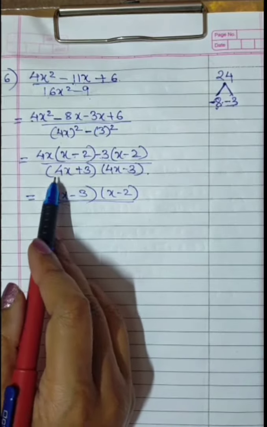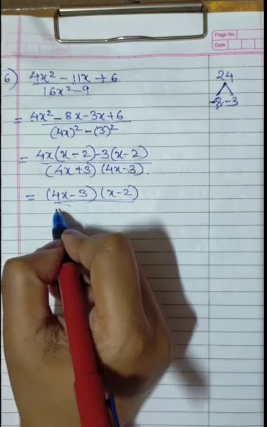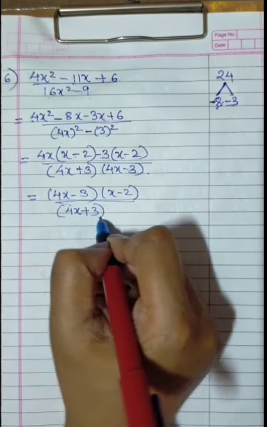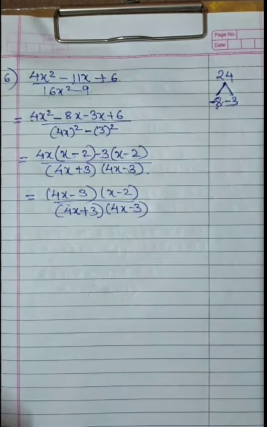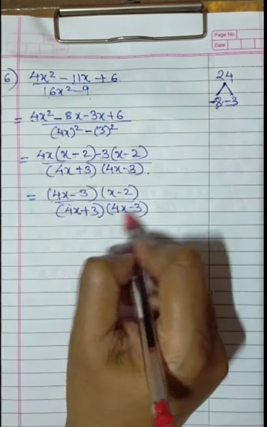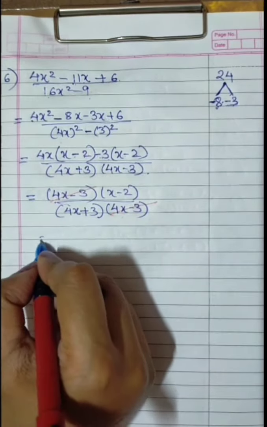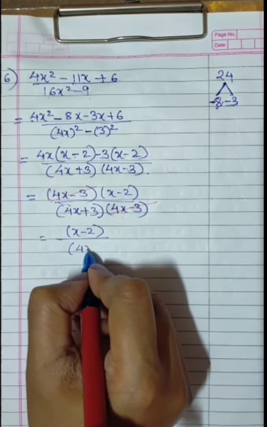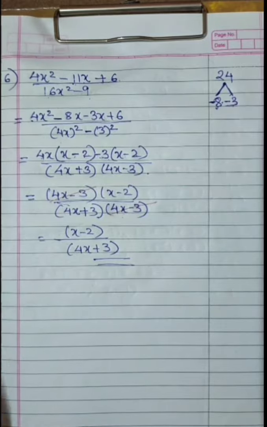And now in the denominator we will write as it is what is given, 4x plus 3 and 4x minus 3. Now we will see what is going to be cancelled here. These both will get cancelled. Now I am writing here x minus 2 upon 4x plus 3. This is the answer for question number 6.